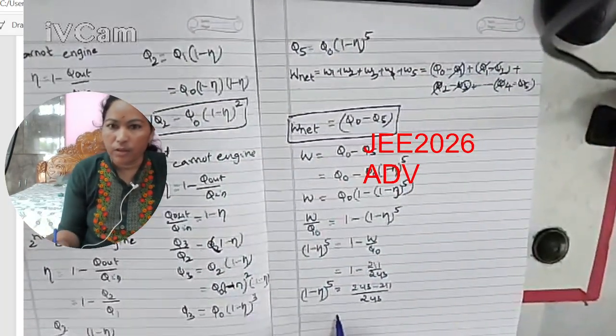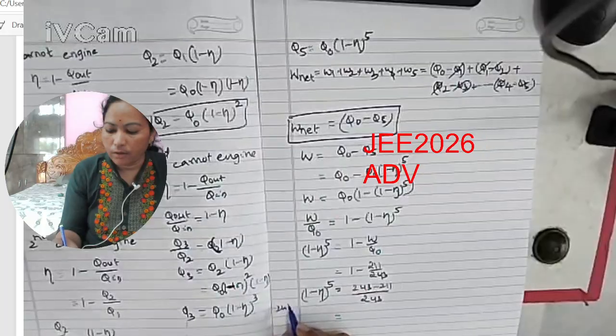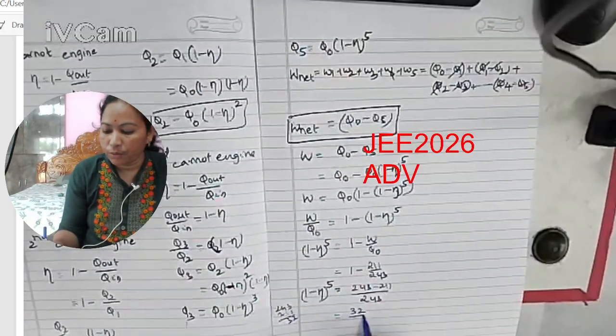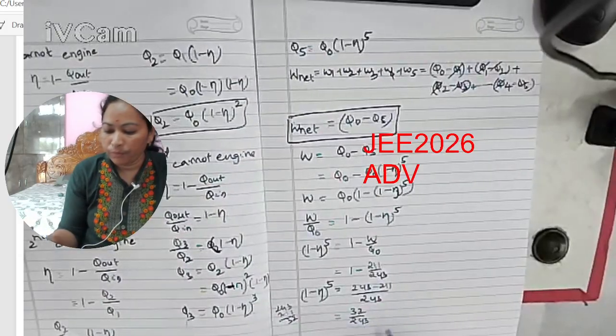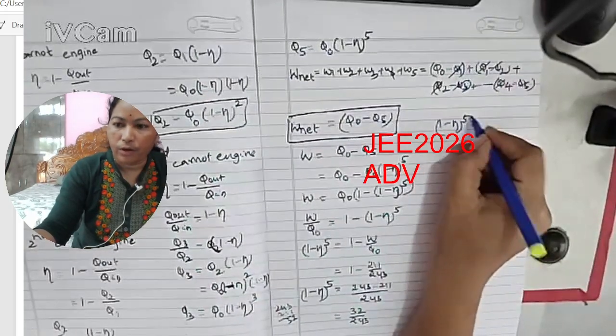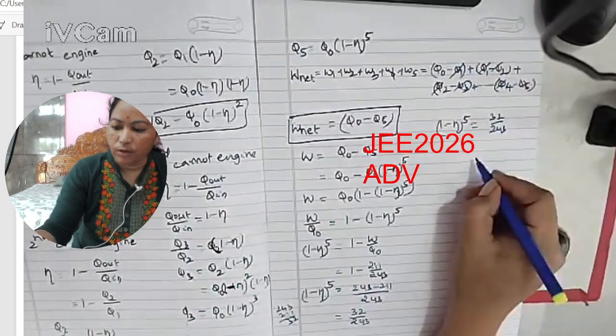From this, you can get 243 minus 211, you get 32. So (1 minus eta) to the power of 5 is equal to 32 by 243.